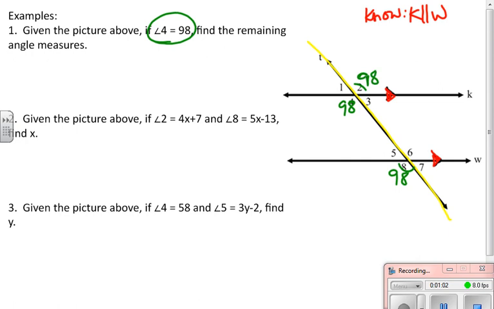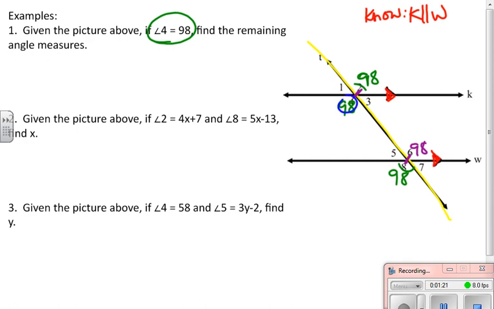This works out great because 4 and 2 are vertical and they better be the same. 6 and 8 are vertical. 6 and 2 are corresponding. Those relationships all have to be true. So you can find these in a lot of different ways.